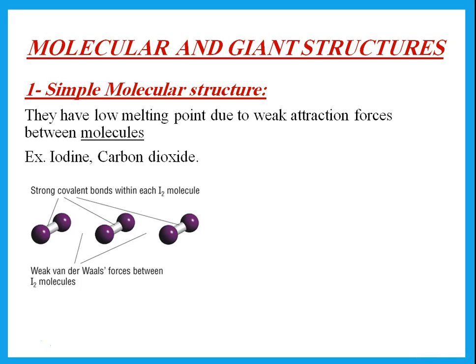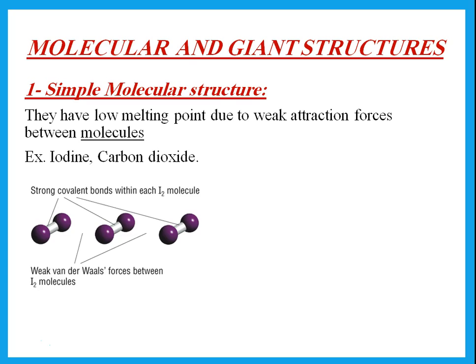Now, each iodine molecule has strong covalent bonds inside the iodine molecule. But that's not what we're concerned about when we're talking about melting point. When we're talking about melting point, we're concerned about the forces between the molecules. So, the fact that it has strong covalent bonds inside each I2 molecule does not affect our melting point.